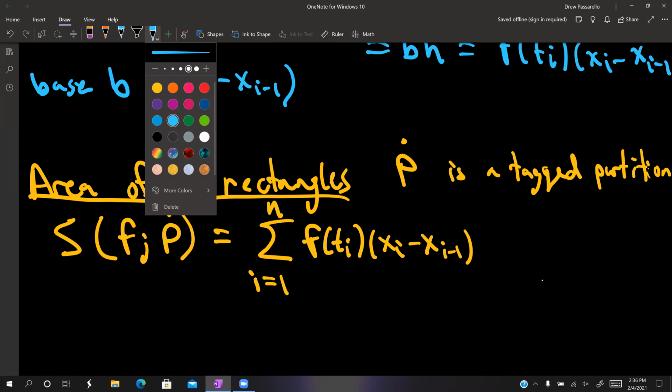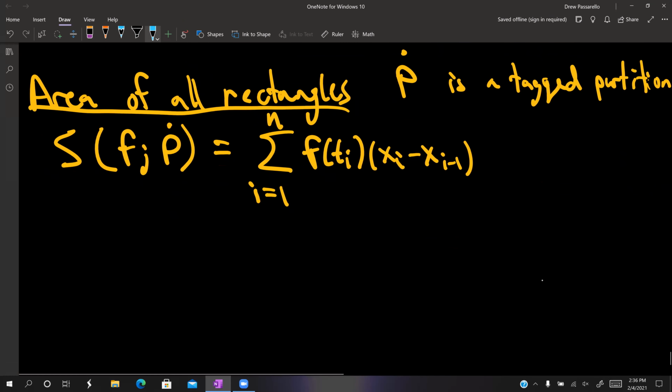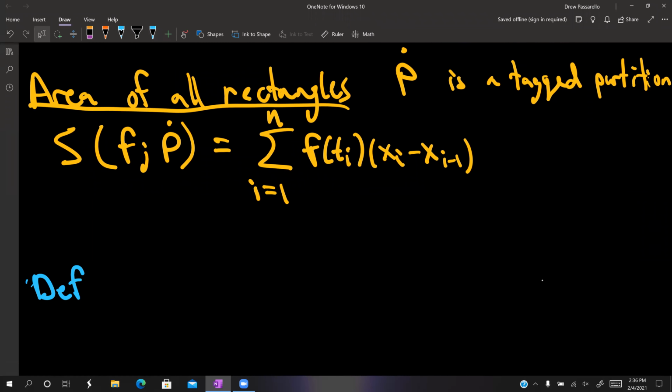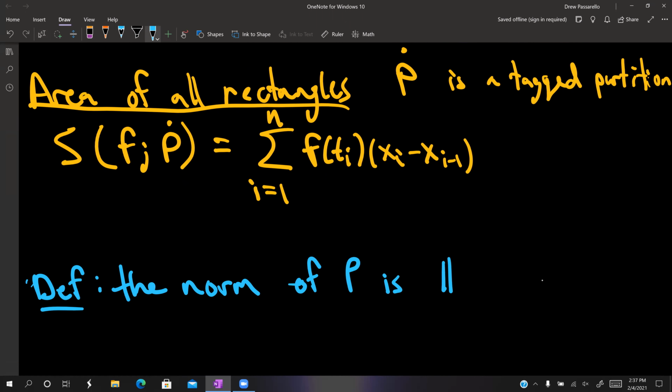Now another definition is the norm. The norm of the partition P is notated with two lines like that.